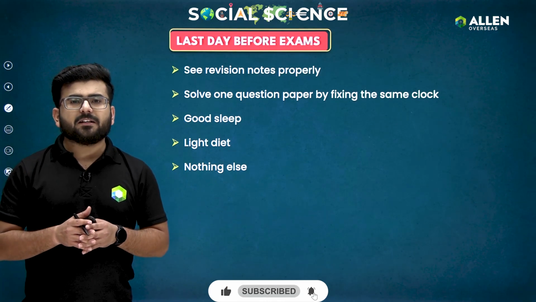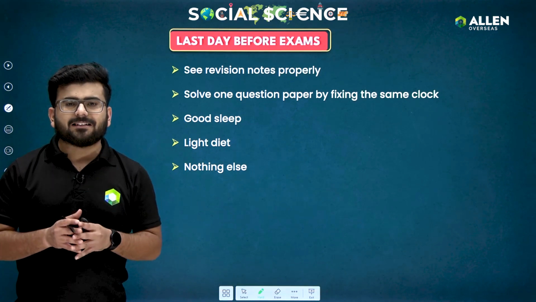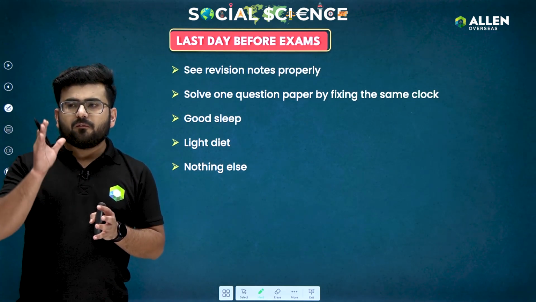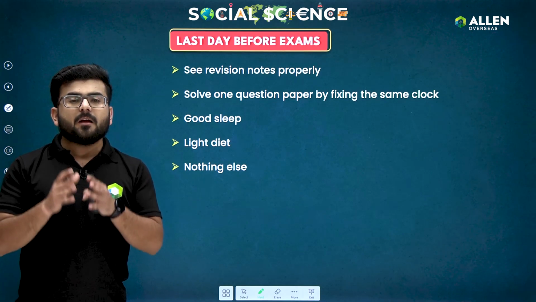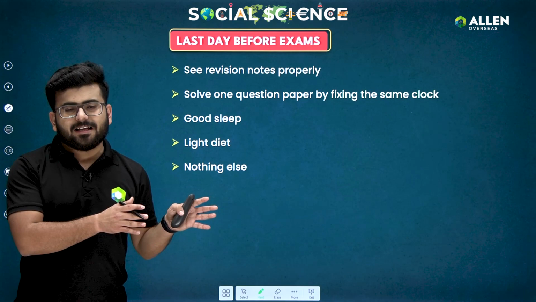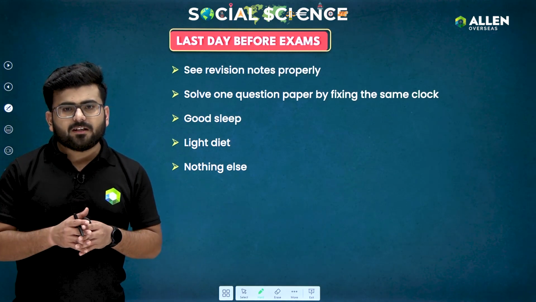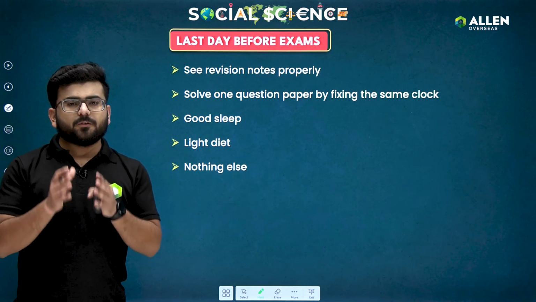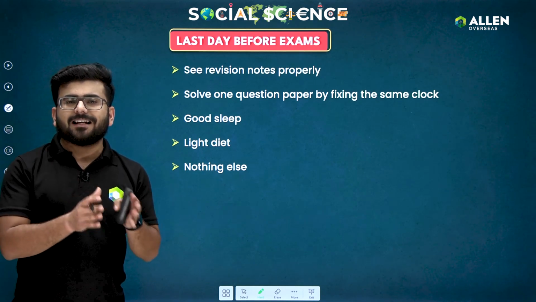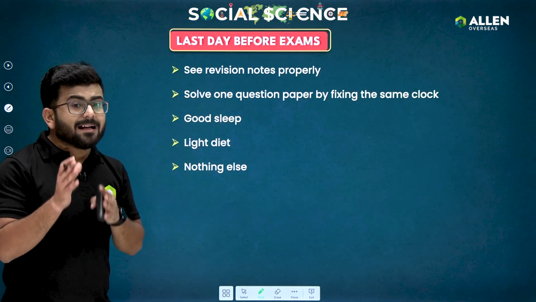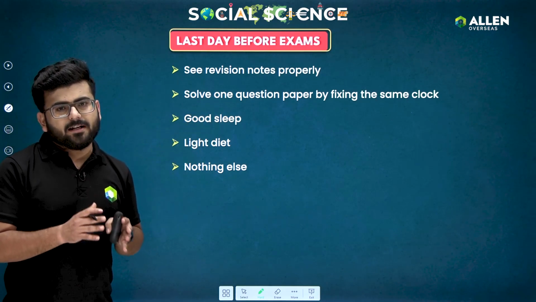For example, if the examination is from 10 to 1, just at that time before the examination at our home, we can solve many papers. That will make our body clock the same as that of the examination time. Because of this, students can score good marks. So we'll have to make the same body clock as the examination time. And during that time, we can at least solve one question paper a day.